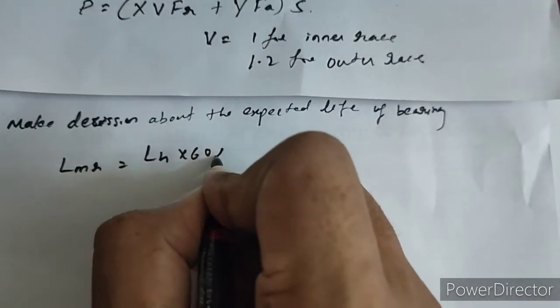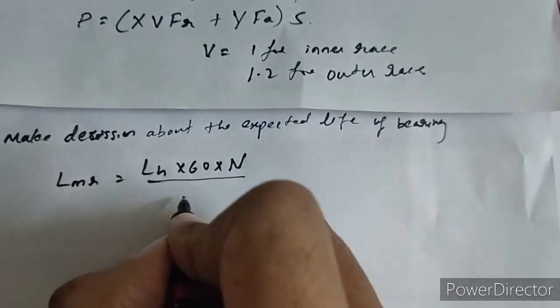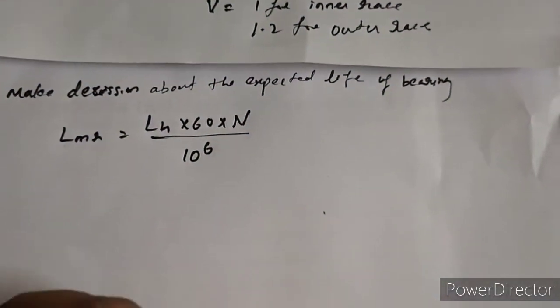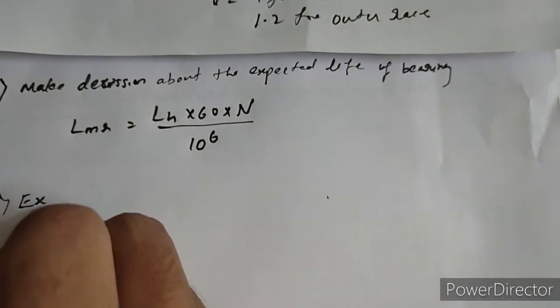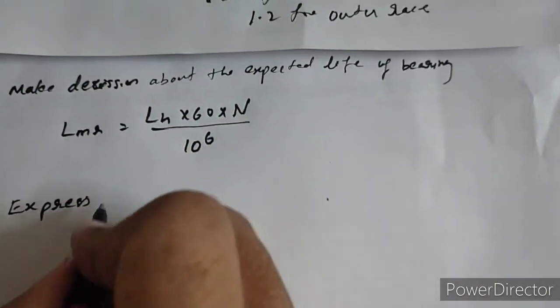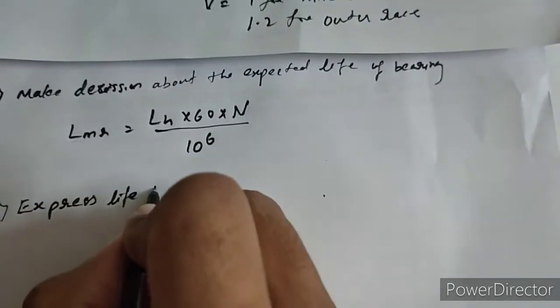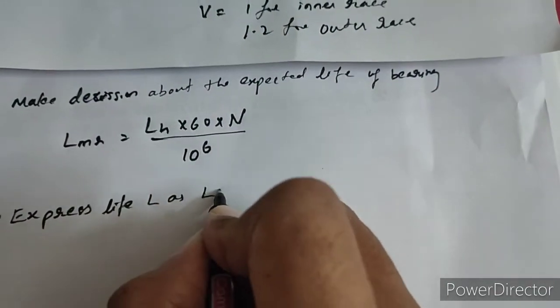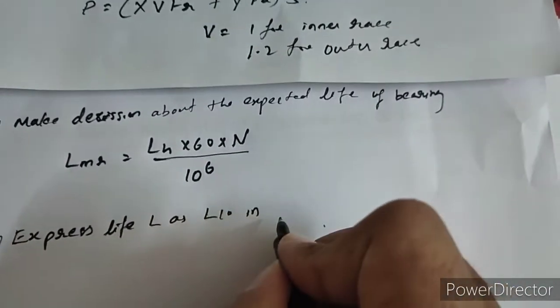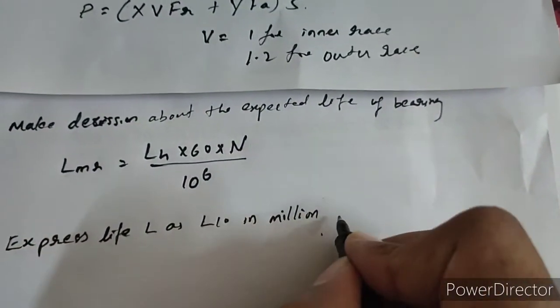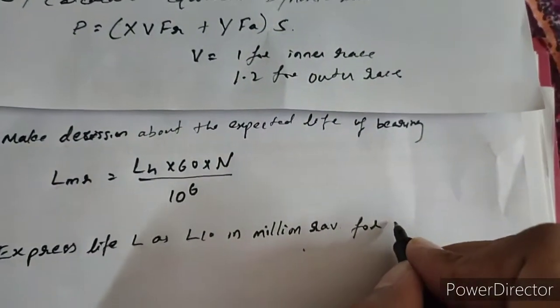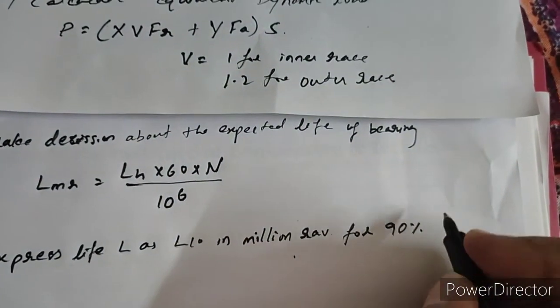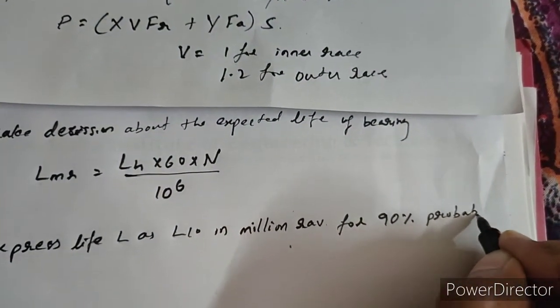Here L_H stands for life in hours and L_MR is life in million revolutions. Then the seventh step, we express our life L as L'10 in million revolutions with 90% probability of survival.